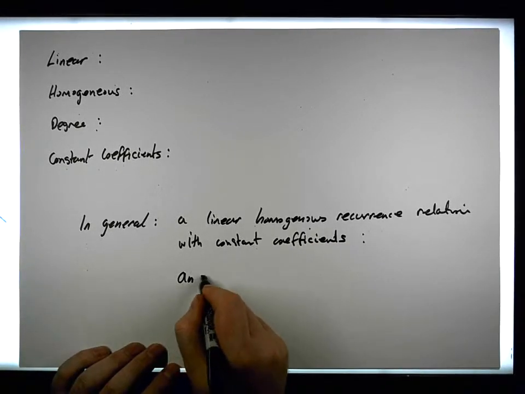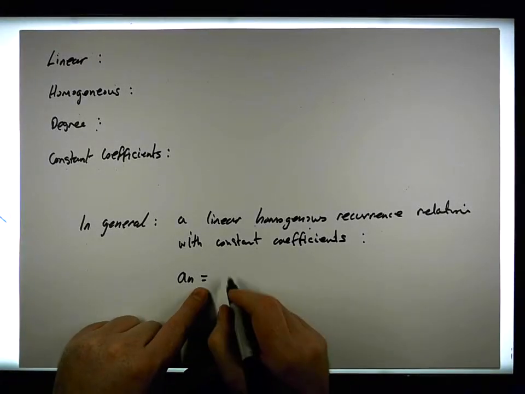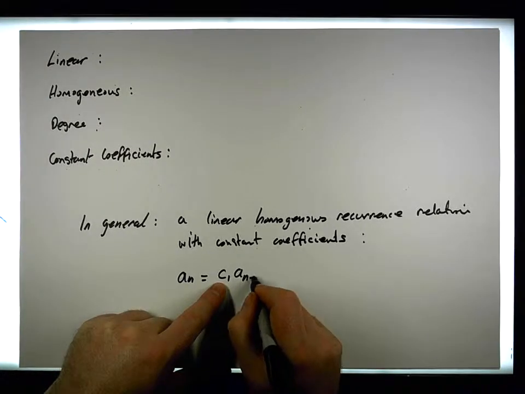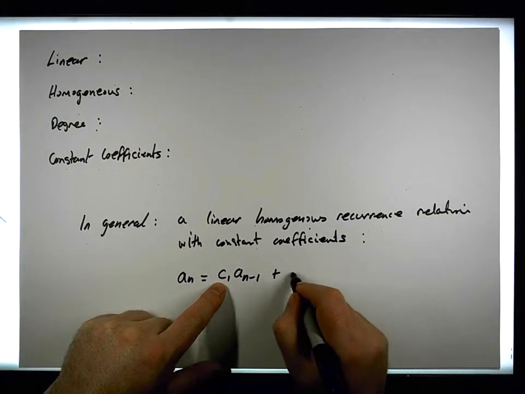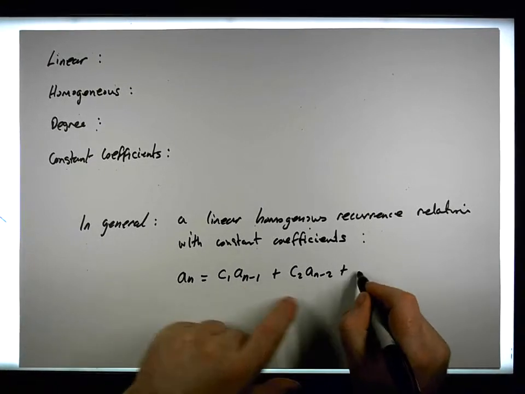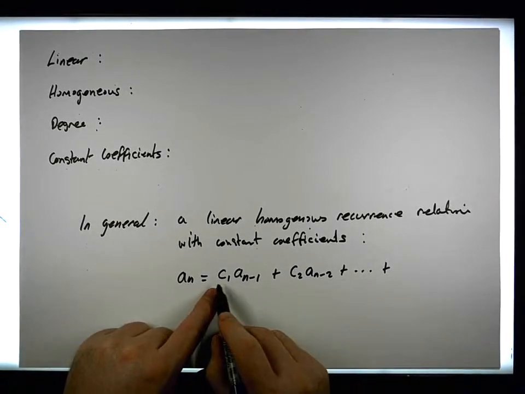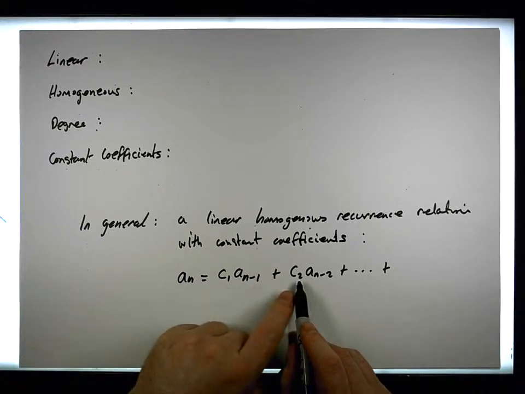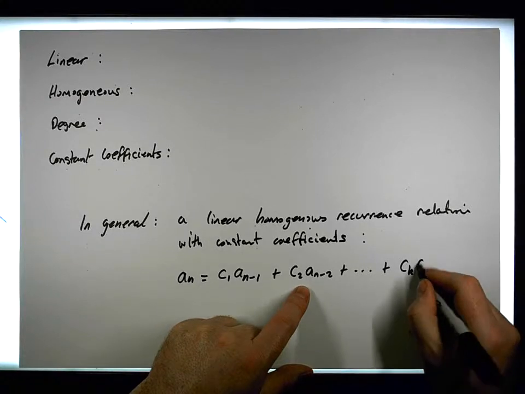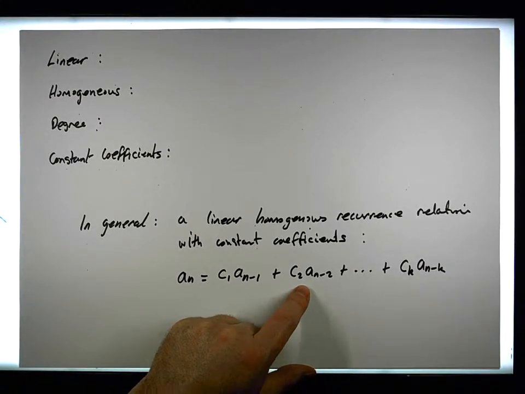The nth term is defined in terms of possibly some constant times the previous one, plus some other constant times the one that precedes that. And we can keep going out to how many terms? The first, second, third, fourth. Let's say to the kth term, times a of n minus k.